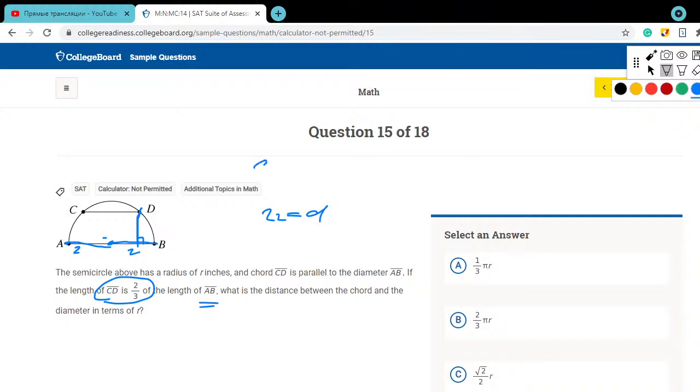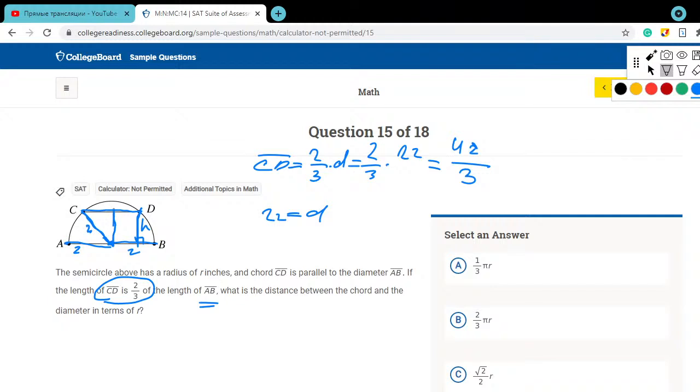So CD equals 2/3 of D, or 2/3 of 2r, and this equals 4r divided by 3, this length. And now we can draw this line. This would be also a radius, right? And this is what we need to find, h.